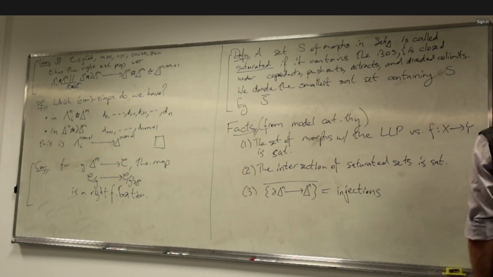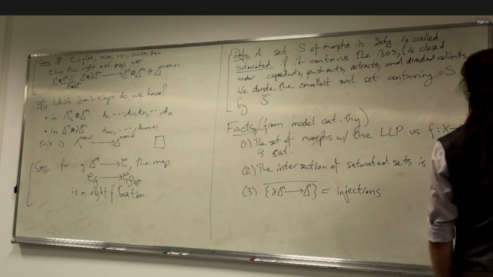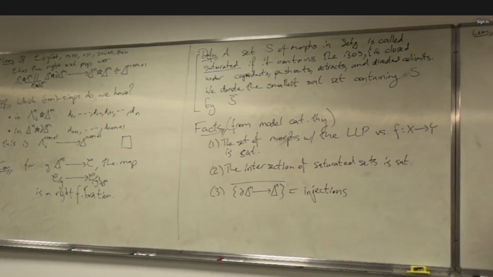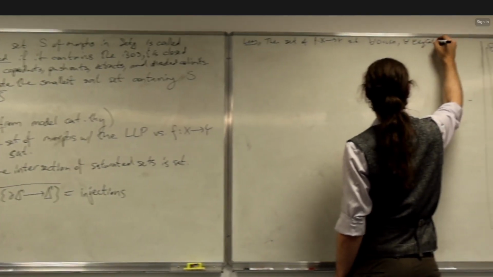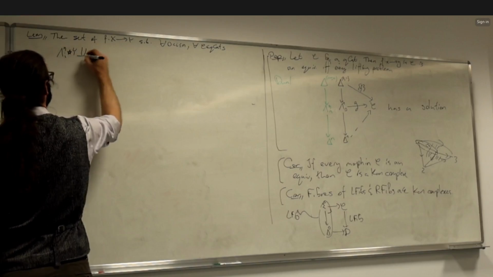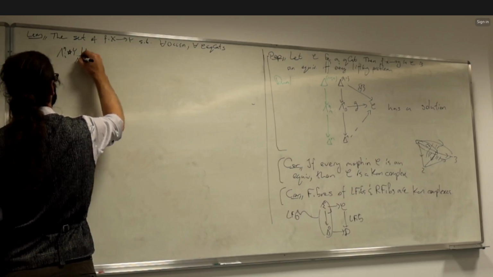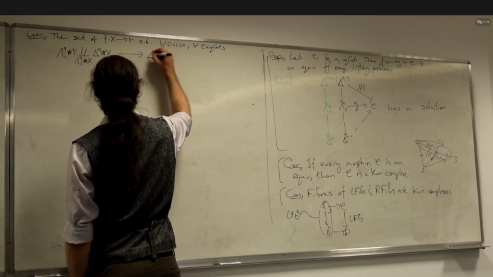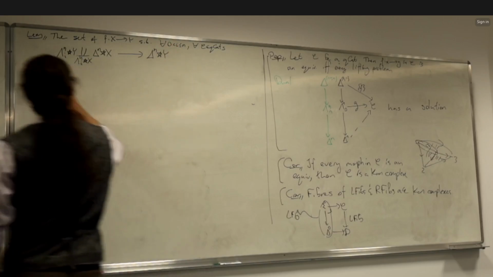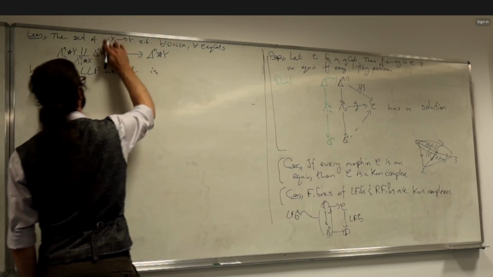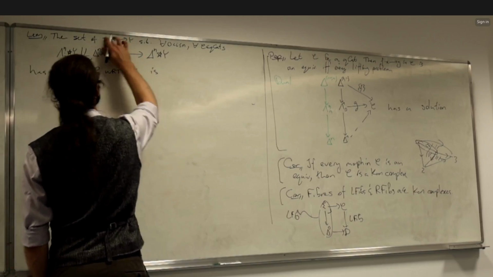The set of maps f from x to y such that for all 0 less than i less than or equal to n, and for all quasi-categories, the push-out product lambda n i star y push-out over lambda n i star x delta n star x to delta n star y has the left lifting property with respect to c.